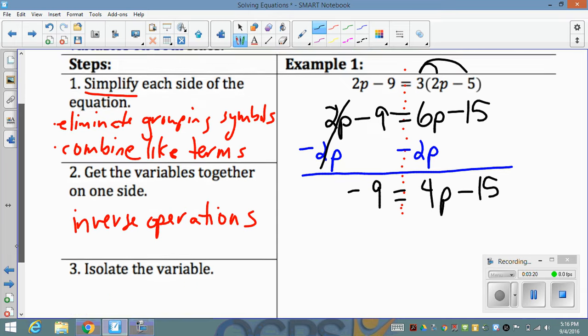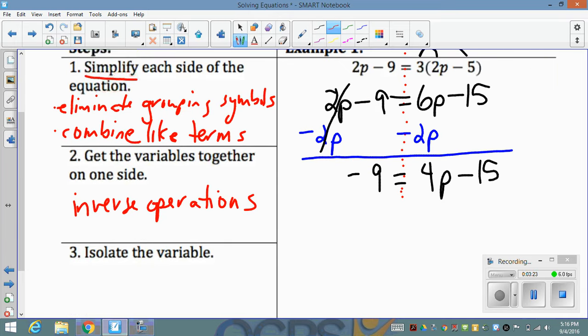Okay, and then last but not least, isolate the variable. And once again, remember, we are using our inverse operations, and we're kind of doing our PEMDAS in reverse. So here, let's find our variable first. My variable's right here, being multiplied by 4, and then it's subtracting 15. So I'm actually going to take care of the minus 15 first.